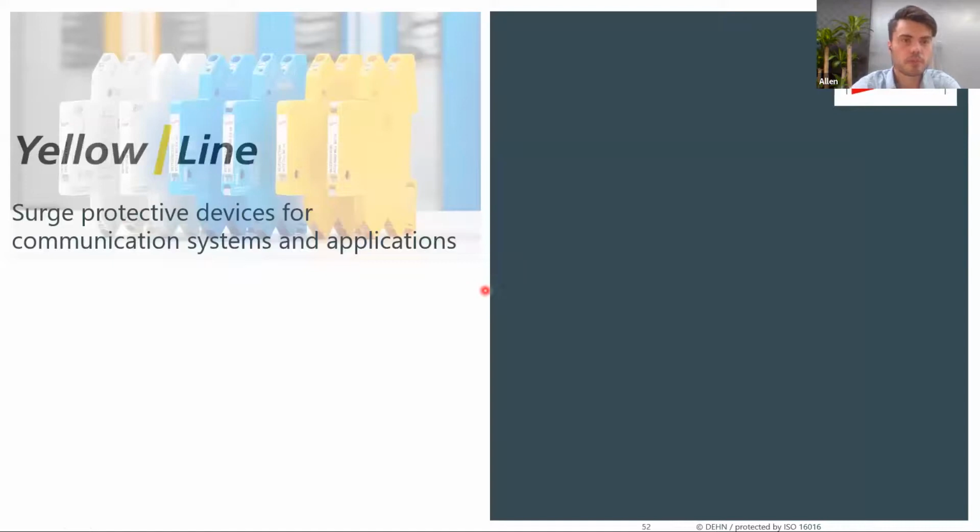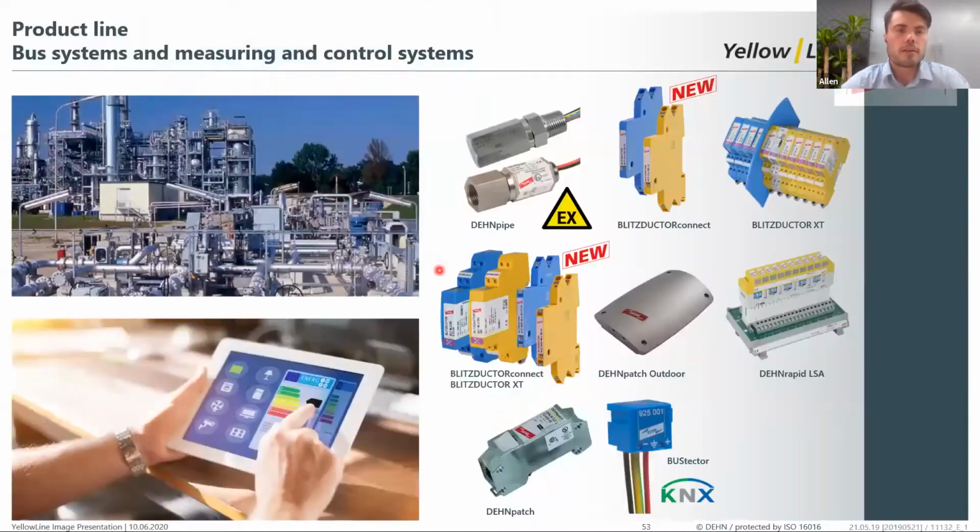So, moving over to our yellow line products. Same as with our power systems, we have different applications for the telecommunication industry as well. From our measuring systems, you have your DEHN pipes and your Blitzductor Connect, which we will explain a little bit later on.